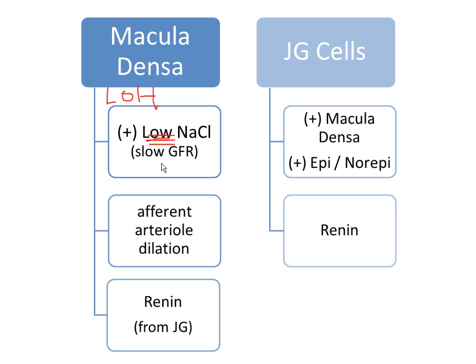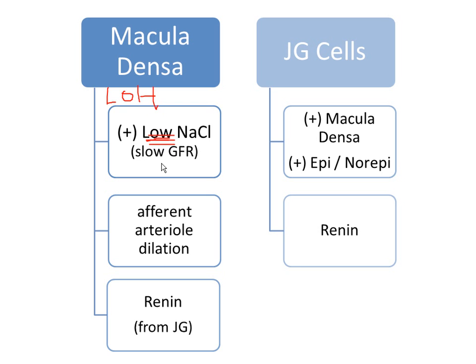So those cells up in the proximal convoluted tubule have way too much time on their hands. They're reabsorbing way too much solute. So again, a low sodium chloride or low salt concentration in the filtrate is a signal to macula densa cells. It stimulates them. And they read that as the GFR being too slow.